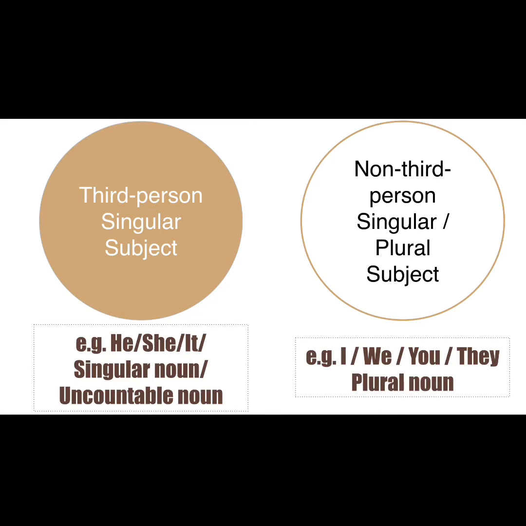They are either the third person singular subject, such as he, she, it, some singular nouns or uncountable nouns, or the non-third person singular subjects or some plural subjects, such as I, we, you, they, or some plural nouns. These two types of subjects will be followed by different verb form in simple present tense.